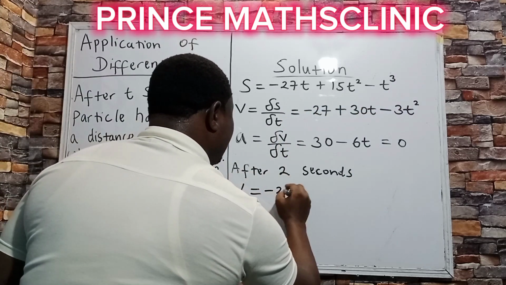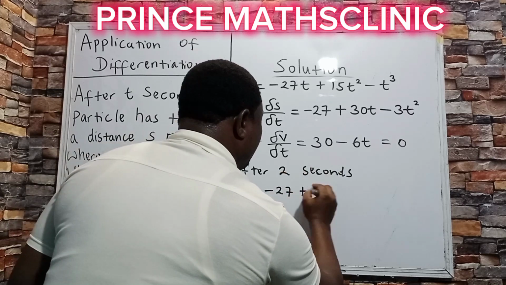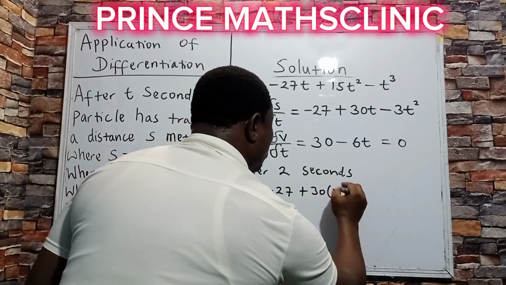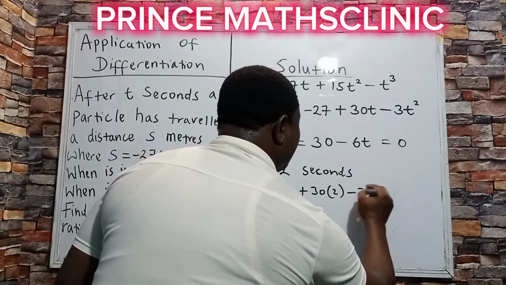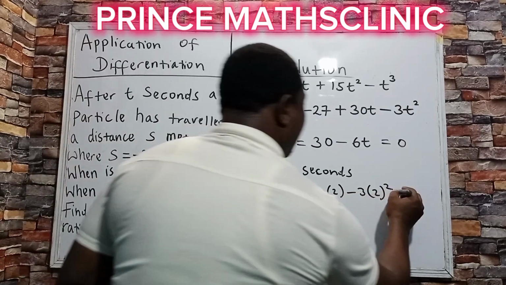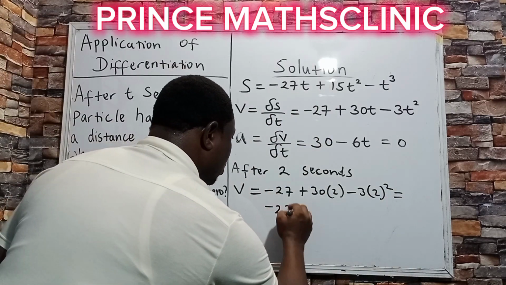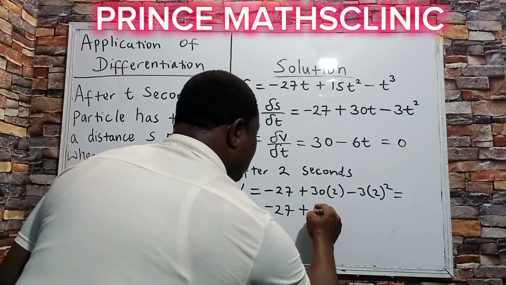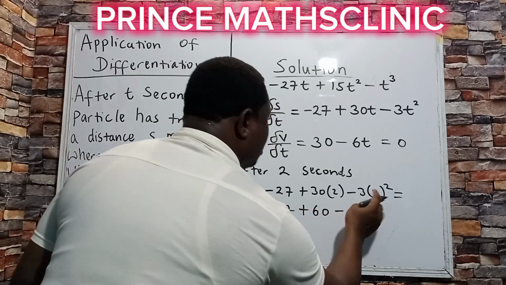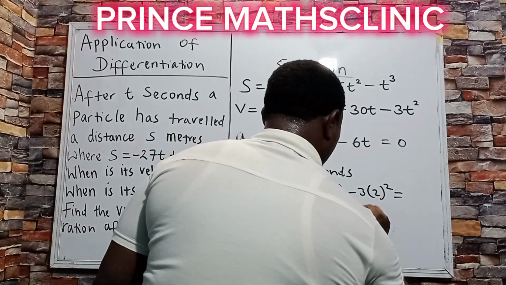Anywhere I see t, I am going to put 2 there: minus 27 plus 30 times 2 minus 3 times 2 squared. So this is minus 27, then this is positive 60, then 2 squared is 4, and 4 times 3 is 12.